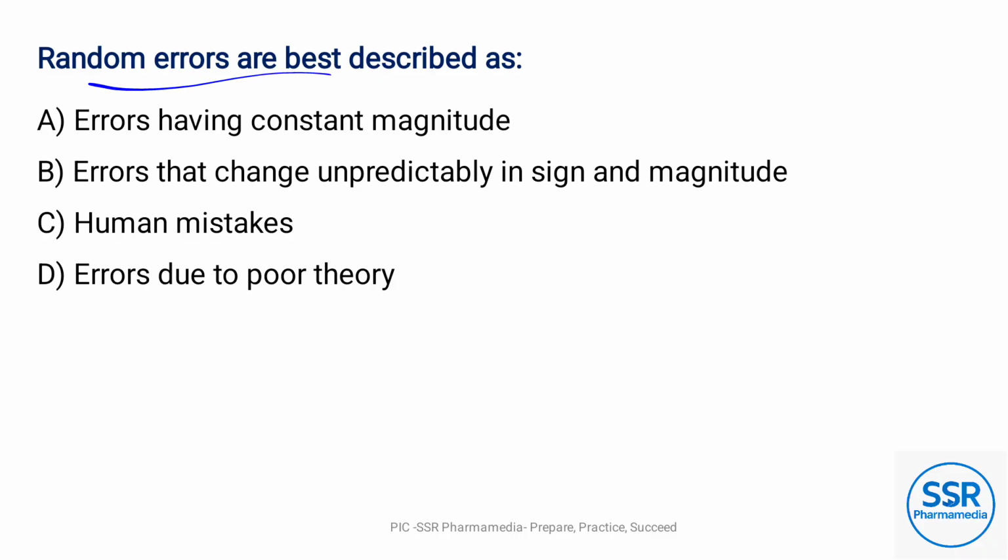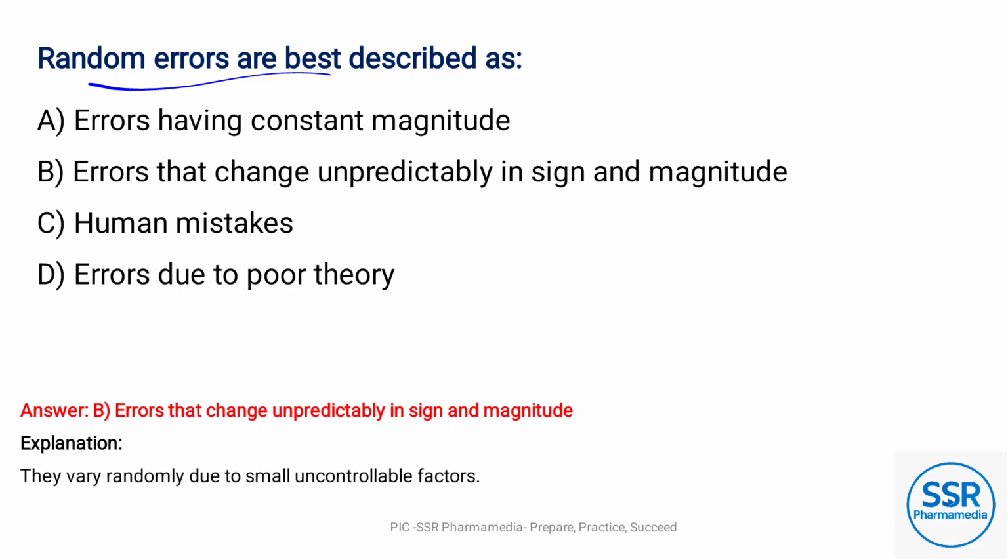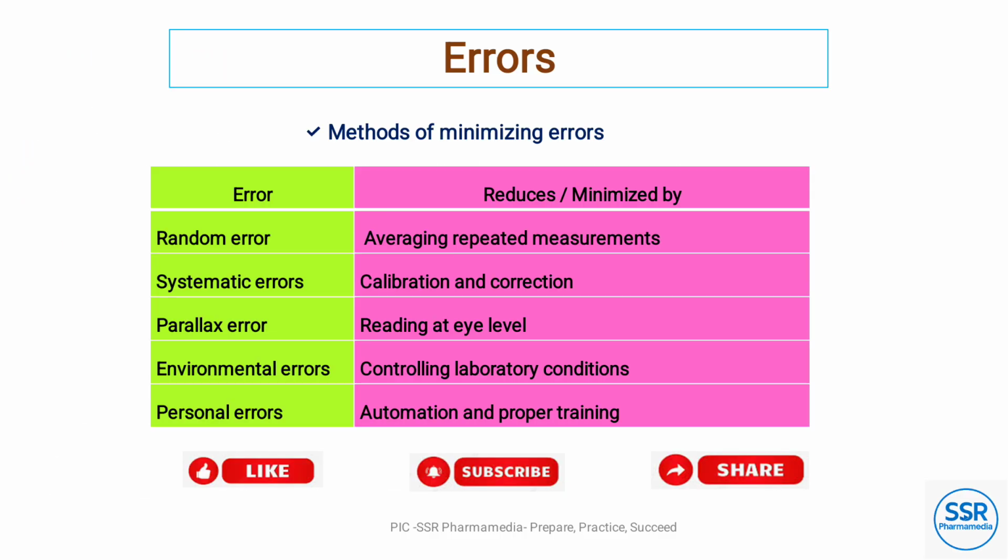The random errors are best described as, so the answer is option B, errors that change unpredictably in sign and magnitude. They vary randomly due to small uncontrollable factors.